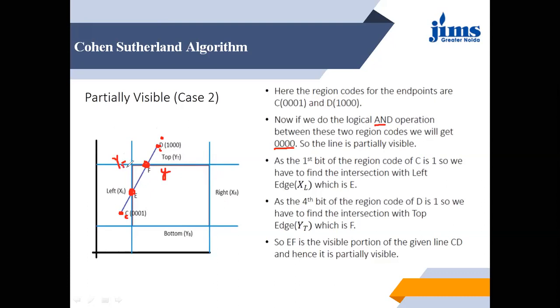So I can find out the value of the x coordinate, and then, knowing the value of x coordinate, I can find the value of the y coordinate easily. So over here, when this is partially visible, in case 2 we have to perform the operation of case 1 two times.